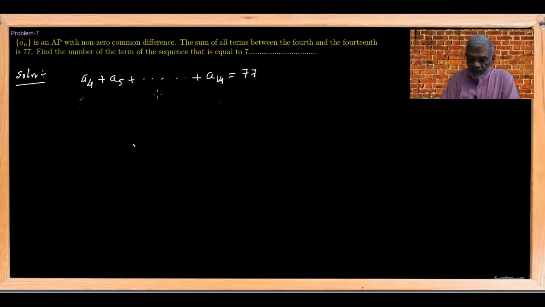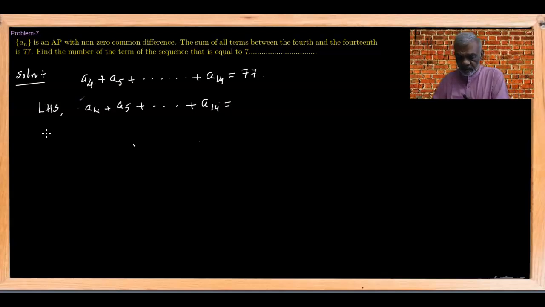Now we can see the left hand side, LHS, is A4 plus A5 plus so on and so forth up to A14. How many terms are here? There are 11 terms. The sum is equal to 11 by 2 into the first term in the sum, A4, plus A14.